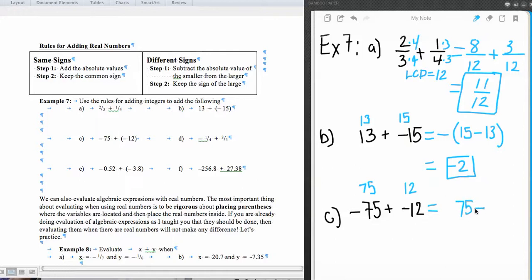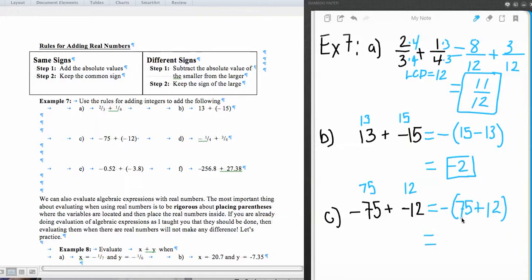So I'm adding 75 and 12, and that's the first thing that I'm going to do. So I'm going to use a set of parentheses to say, look, that's the first thing I did. And then when I'm all done, my second step is to keep the common sign. They're both negatives, so the common sign that I'm keeping is a negative.